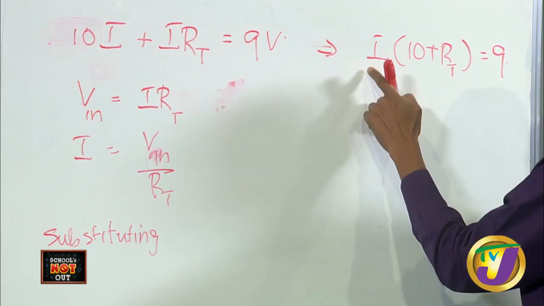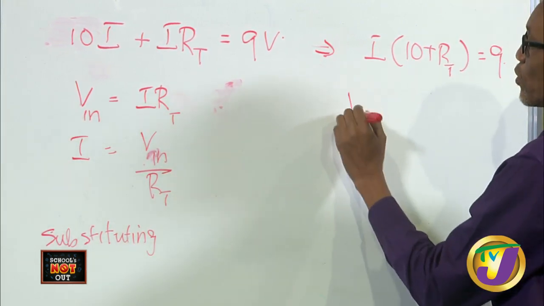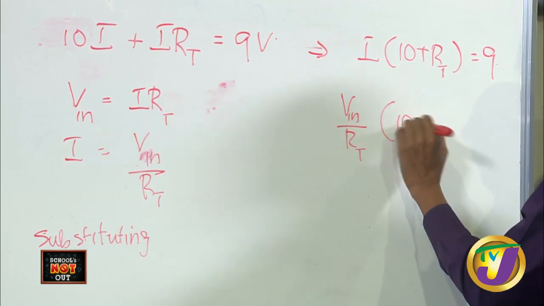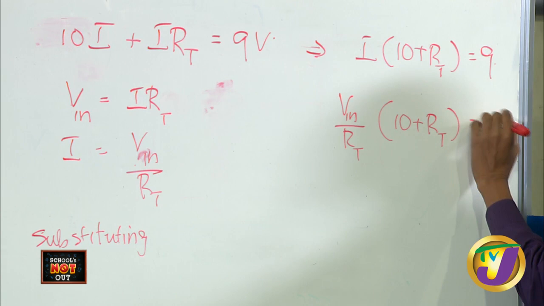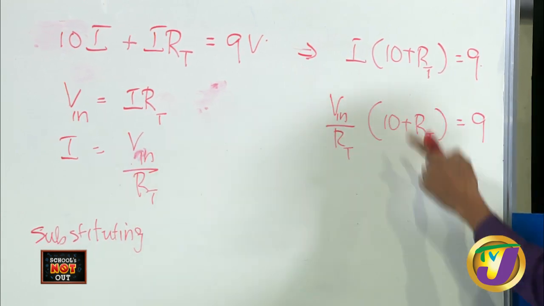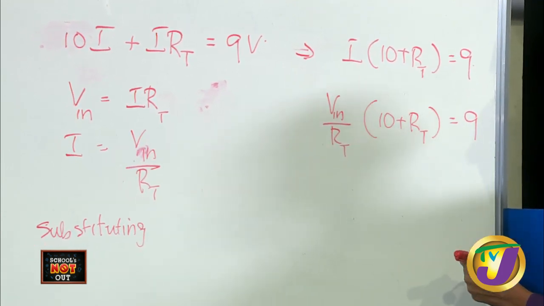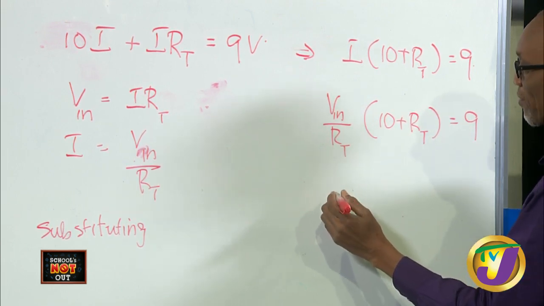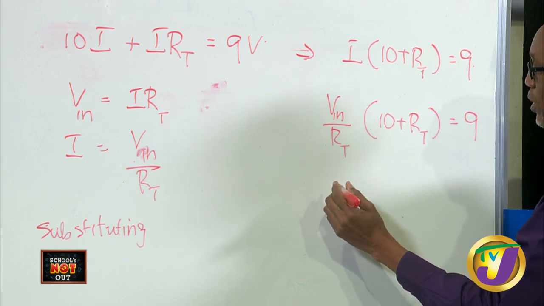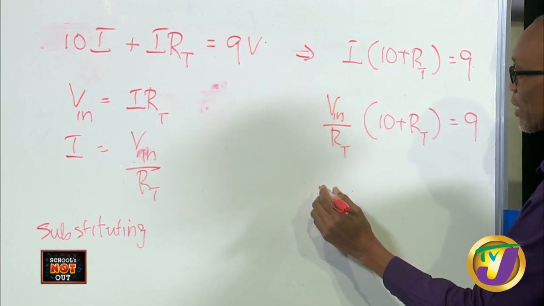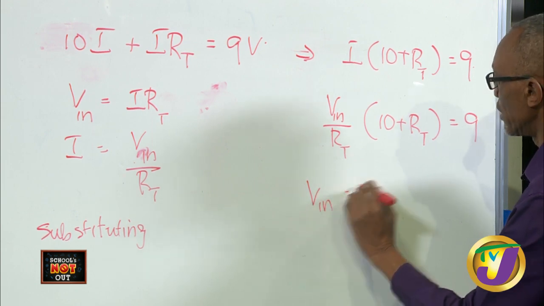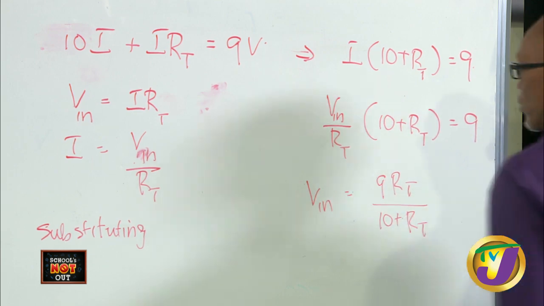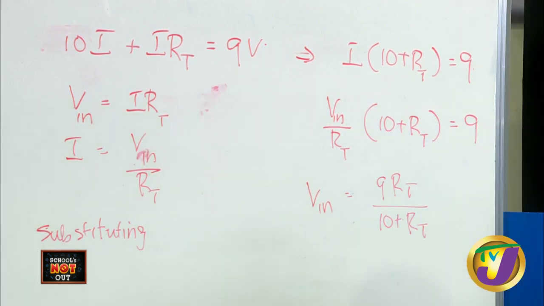If we substitute for I, V in over RT times 10 plus RT would be equal to 9. If we rearrange this equation, we will have that V in is equal to 9 RT over 10 plus RT.